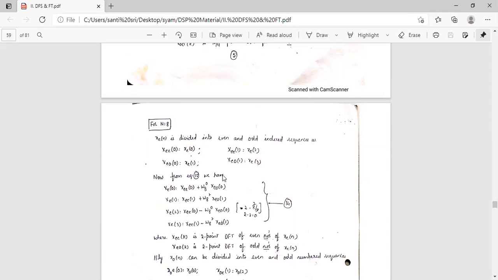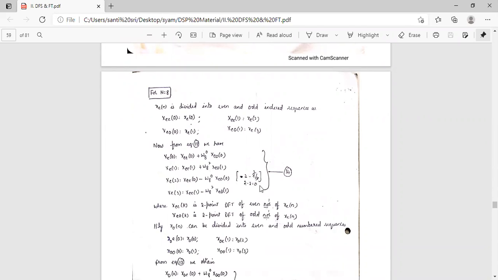Now from equation number 12, we have xe of 0 is equal to xee of 0 plus W8^0 into xeo of 0. Similarly, xe of 1 equals xee of 1 plus W8^2 into xeo of 1. Similarly, xe of 2 equals xee of 0 minus W8^0 into xeo of 0, and xe of 3 equals xee of 1 minus W8^2 into xeo of 1. This is a combination of n by 2 and n by 4 indexed sequences.